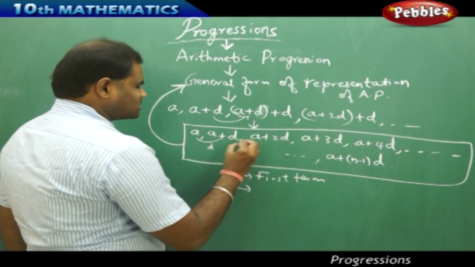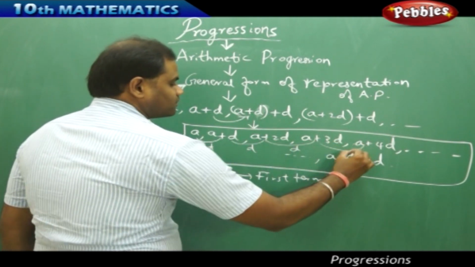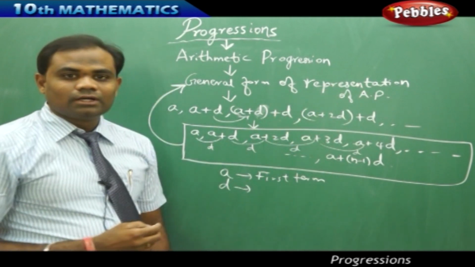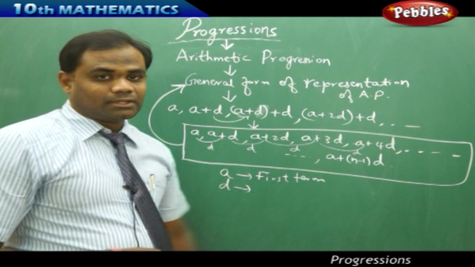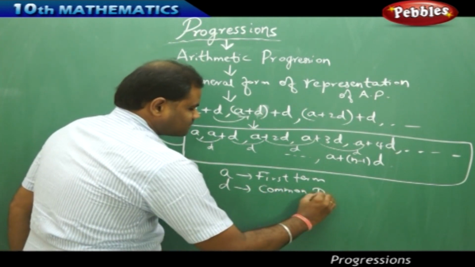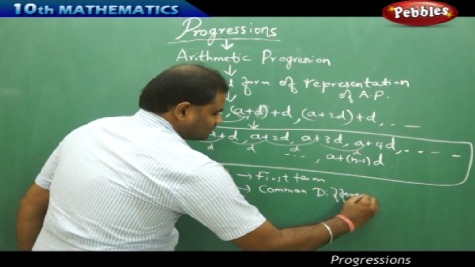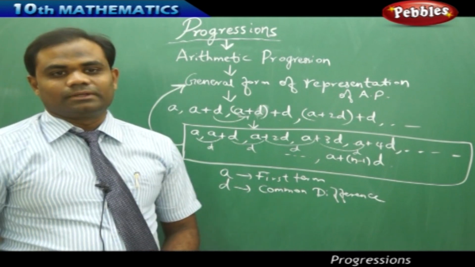The difference of this is d, the difference of this is d, the difference of this is d, and so on and so forth. I get a common difference every time. The difference is always the same. Therefore, d is called the common difference for the given arithmetic sequence, is how we identify each of them.